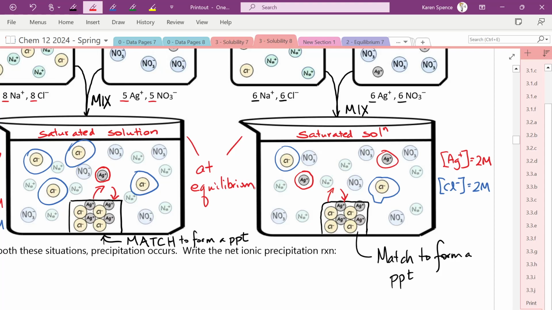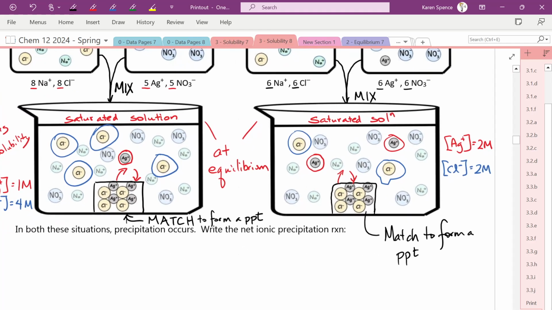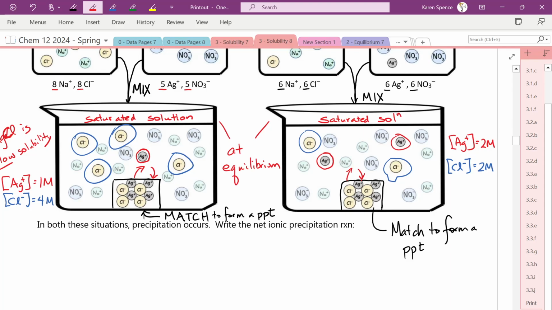Since they are at equilibrium, we can write a K value for them, yes? Let's start by writing the K expression. Oh, actually, before we do that, it says to write the net ionic precipitation reaction. Who would the reactants be in the net ionic precipitation reaction? Tell your partner.